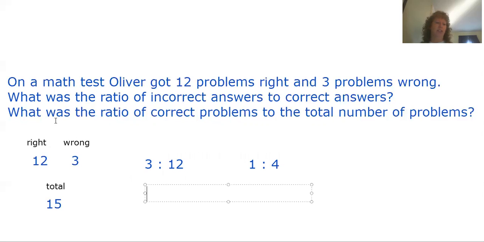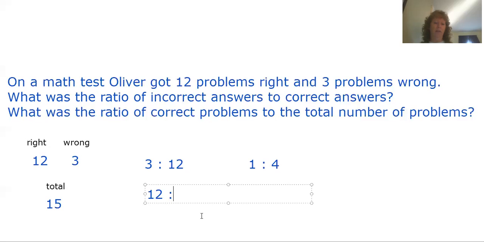The last question says, what is the ratio of correct problems to the total number of problems? Correct problems was 12. So 3 wrong and 12 right would give a total of 15.